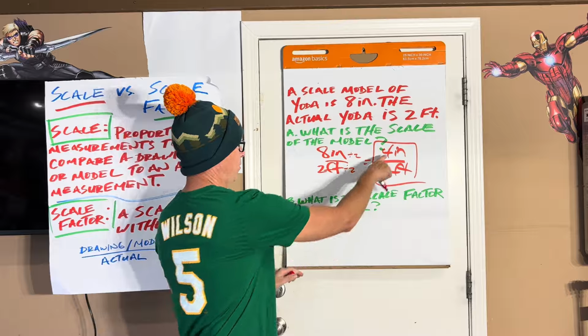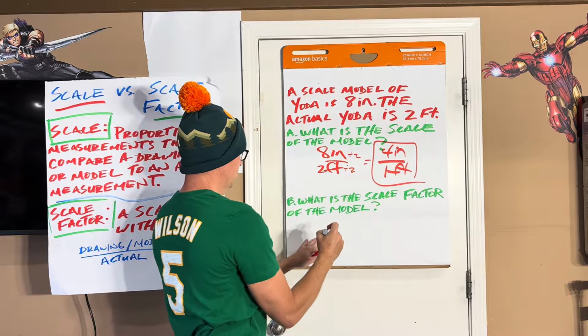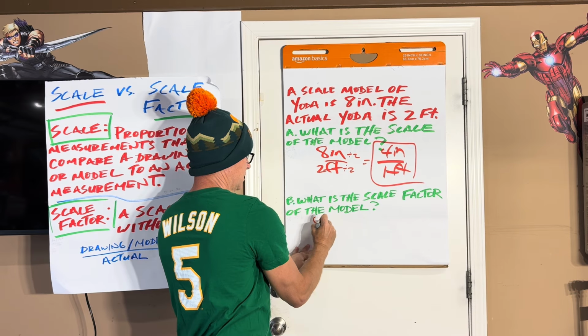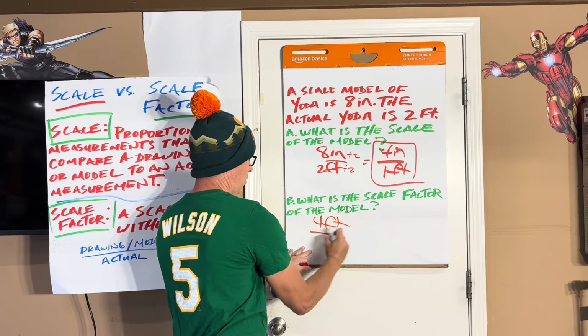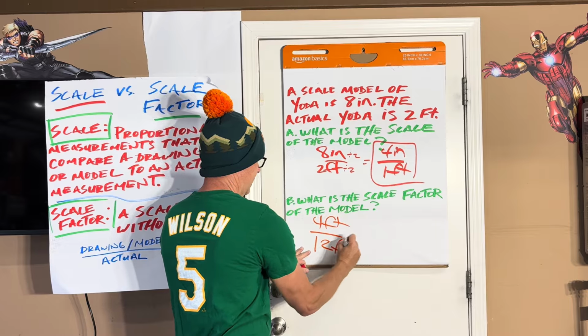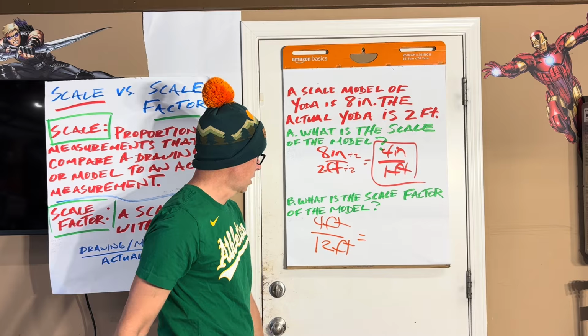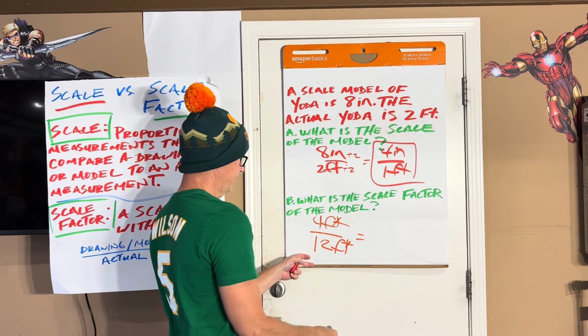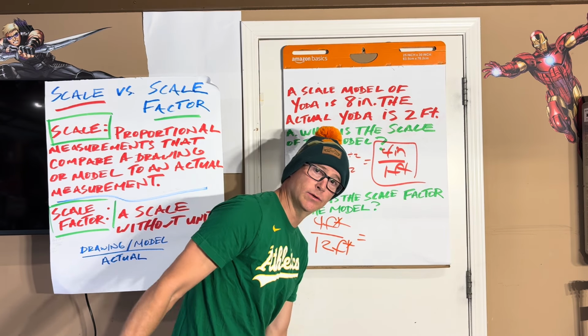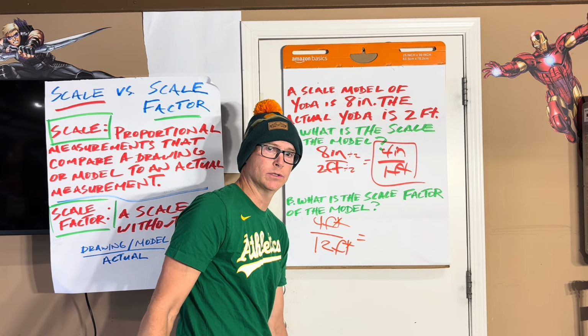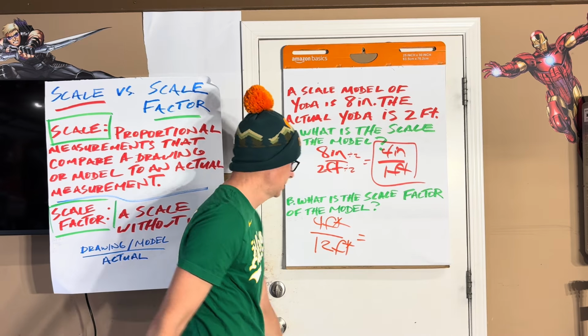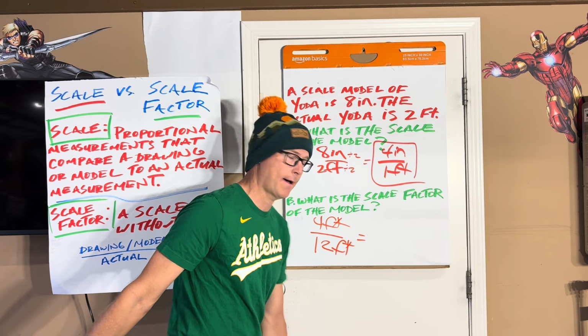Okay, so let's put this into the same units. So 1 foot is 12 inches. So 4 inches over 12 inches, okay? So the inches cancel. And you can reduce this. If you can reduce it, reduce it. It's easier if you can reduce it to one of them being 1. Sometimes you can't, which is the next problem we're going to have.